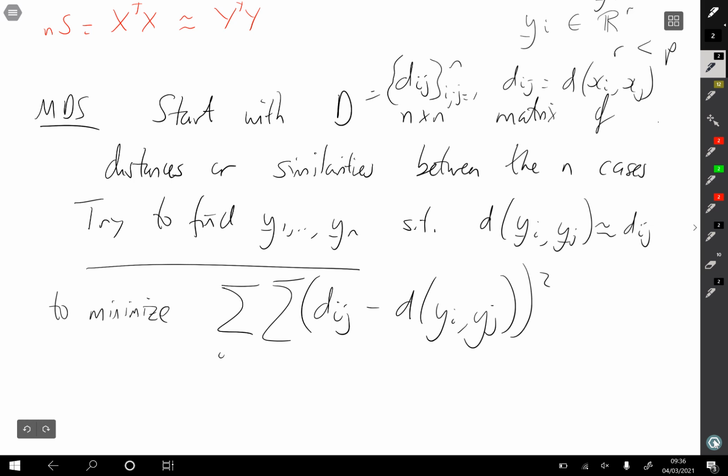Okay, so we're going to sum here over i from 1 to n and j from 1 to n. And we'll talk about what these distances are later, but we don't need to specify the type of distance. We don't need to specify whether it's a distance or a dissimilarity or a similarity here. We've just got some measure of dissimilarity or similarity between the pairs of points.